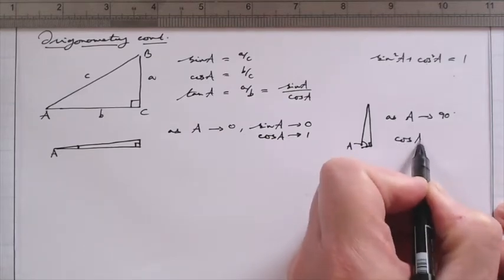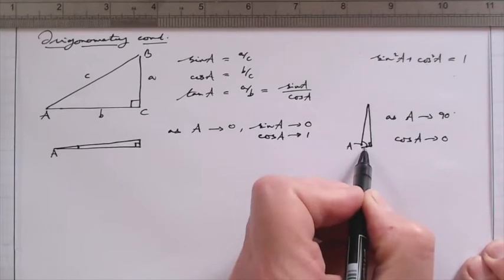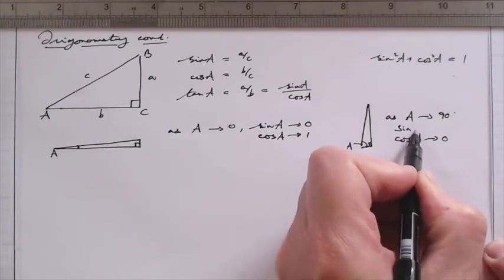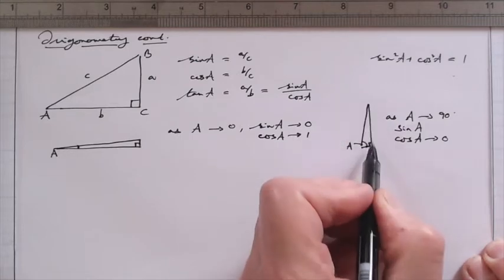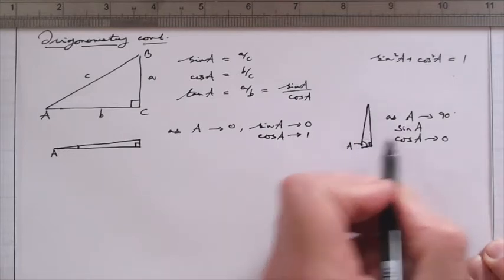So cosine of A will approach 0 as A approaches 90 degrees, and the sine of A will approach 1, because the opposite length will become very, very similar to the hypotenuse.